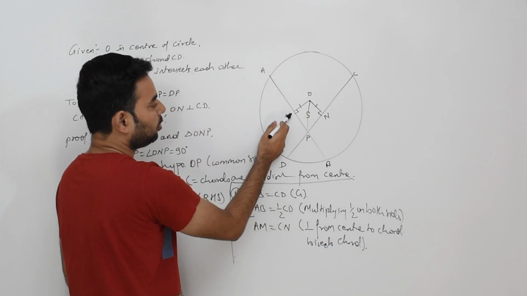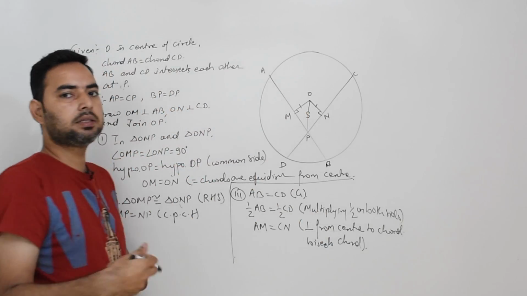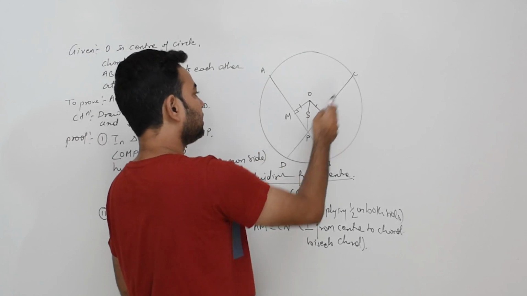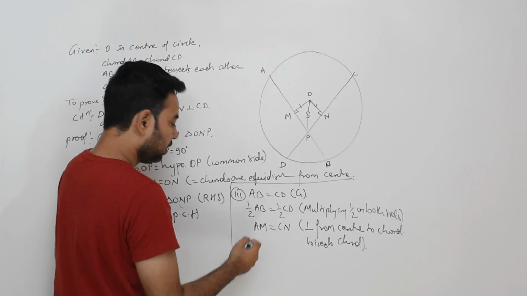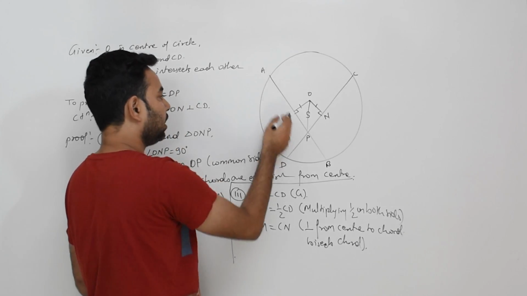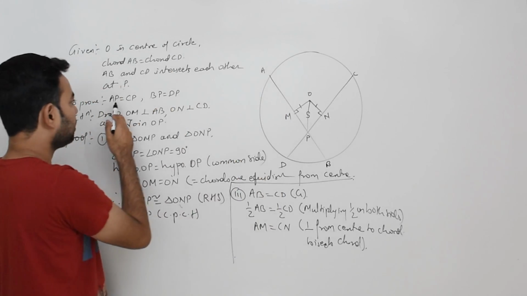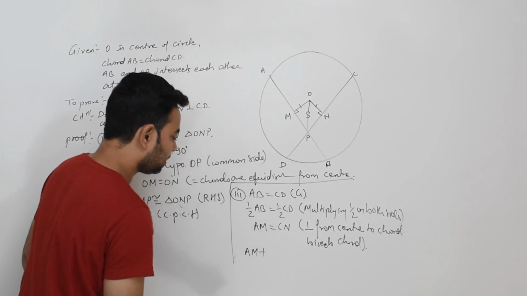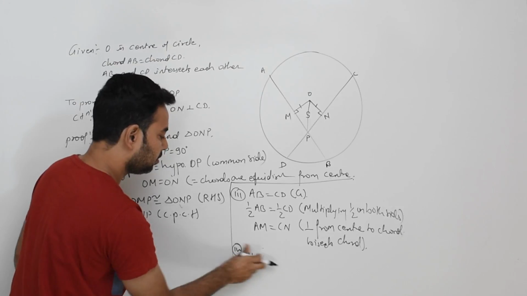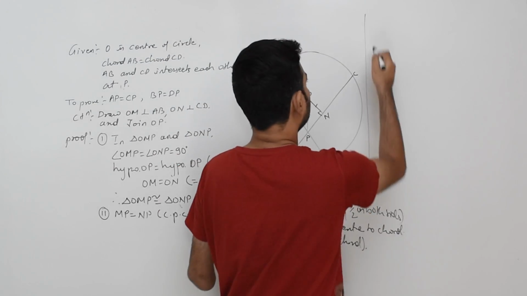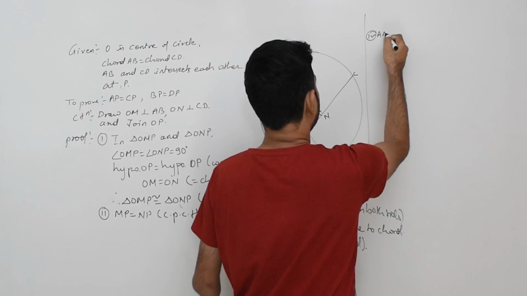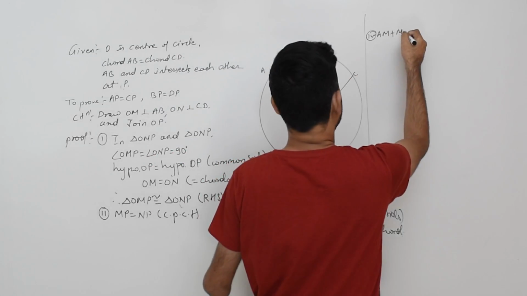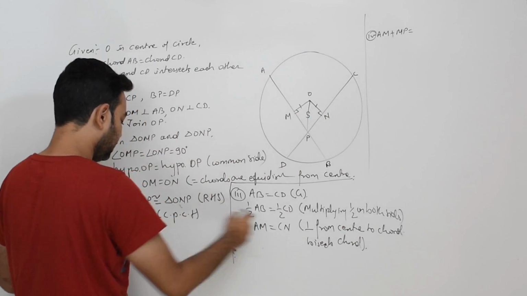सेंटर से परपेंडिकुलर ड्रॉ किया कॉर्ड के ऊपर तो कॉर्ड को बाइसेक्ट करता है. इट मींस हाफ ऑफ AB इज AM एंड हाफ ऑफ CD इज CN. नाउ AM में अगर हम MP ऐड कर देते हैं तो AP आ जाएगा. व्हाट दैट्स व्हाट वी वांट. सो इन द फोर्थ पॉइंट AM प्लस MP is equal to CN plus NP.